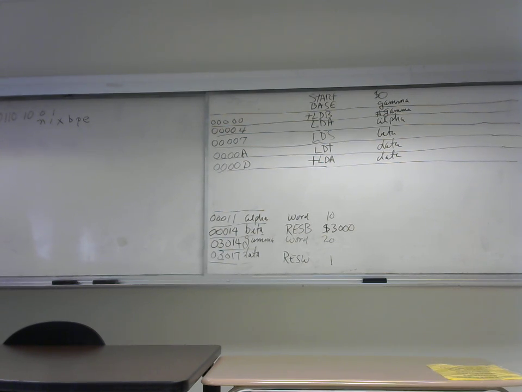Now, what about the X bit? 0. You can never have immediate with the X bit. Base relative is off the table. Wait a minute, you're loading the base register. Why can't you use the base mode to load the base register?